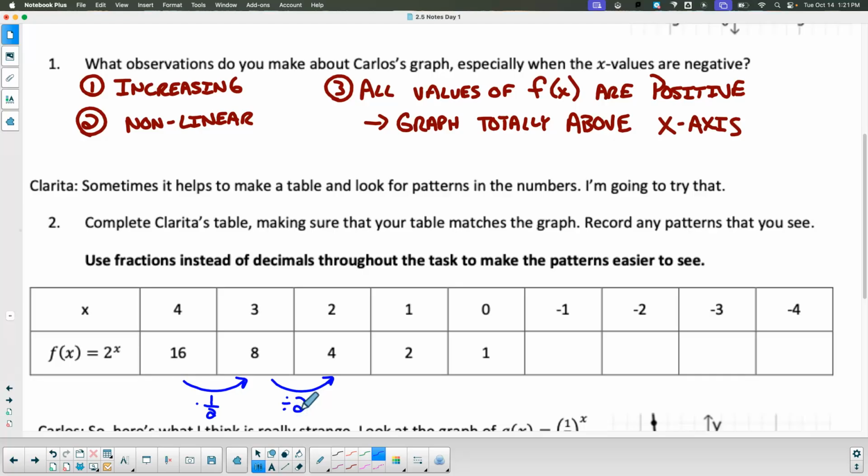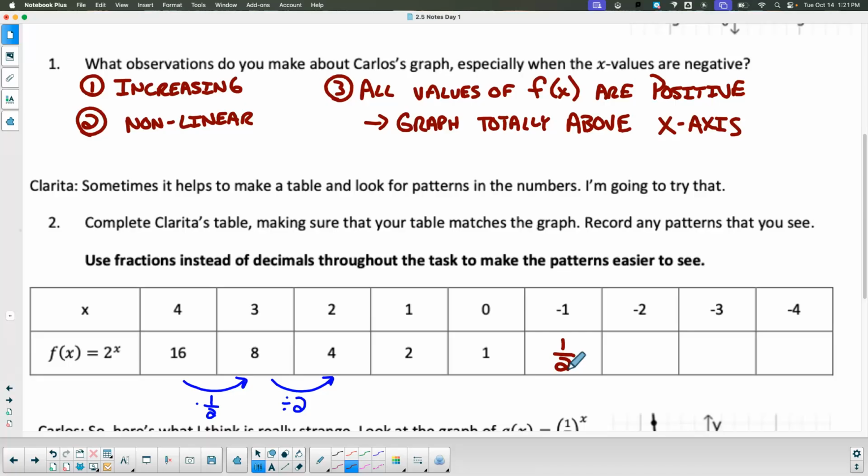Okay? So now let's pick it up at 1. That pattern would still hold. So what is 1 times 1/2, or 1 divided by 2? 0.5, or simply a half. Yep, exactly. 1/2. Love it. Okay? What is 1/2 times 1/2, or 1/2 divided by 2? 1/4.